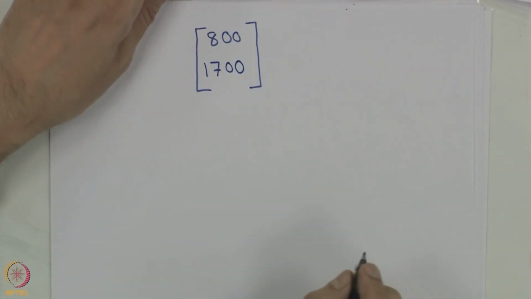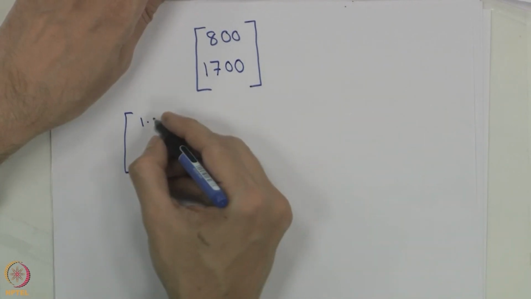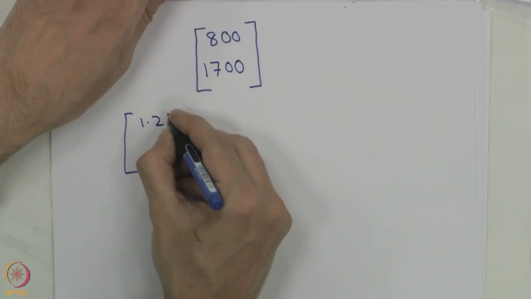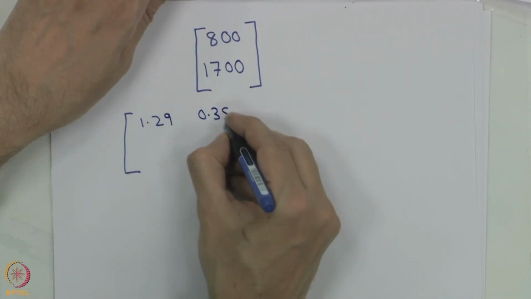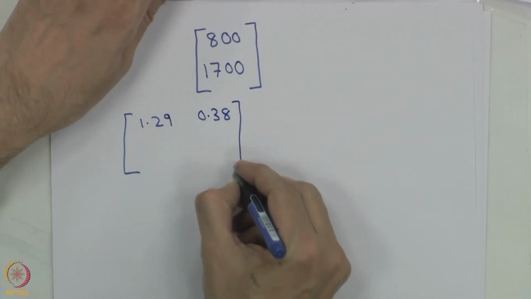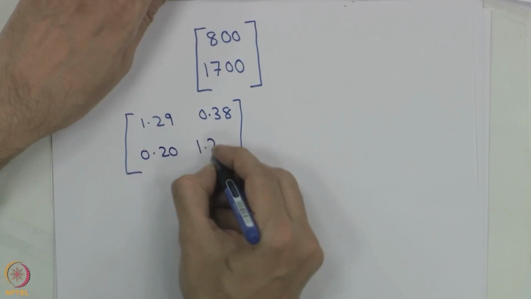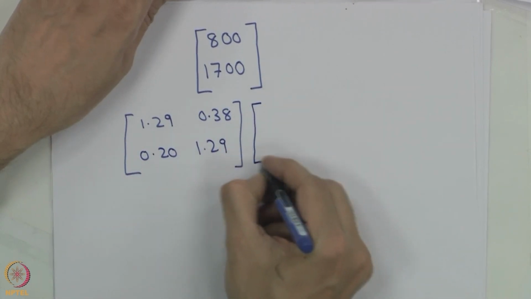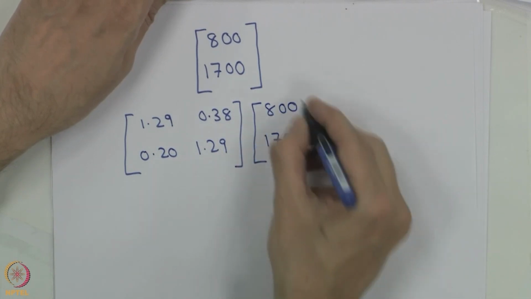So, we can take this pre-multiply by the inverse that we had, and that is going to be 0.2, 1.29 multiplied by 800, 1700.